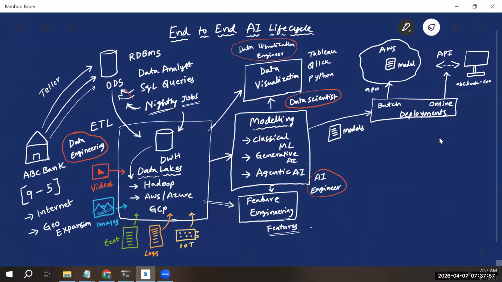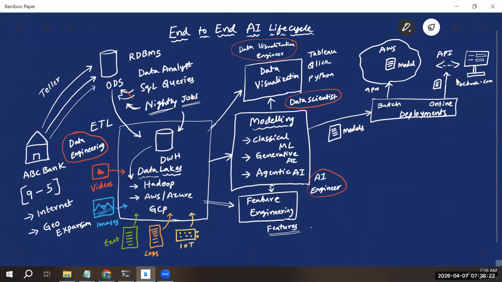You log into the bank, you give your information and then say apply. Once you click apply, that will call the API. The API will be fed with the model and the transaction is triggered in real time.